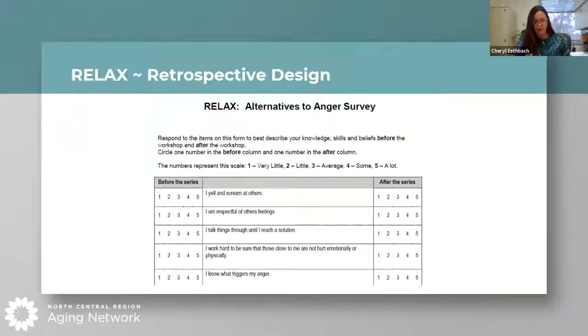Now, what I thought I would tell you today is that we used to use a traditional pre and post format for this program. And then we were finding people were changing in the direction we didn't want them to. We wanted to see improved communication, but after we had some dialogue with participants, they said to us, you know, I really thought I was using good communication skills.